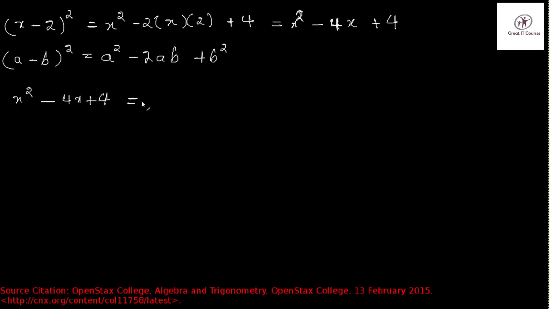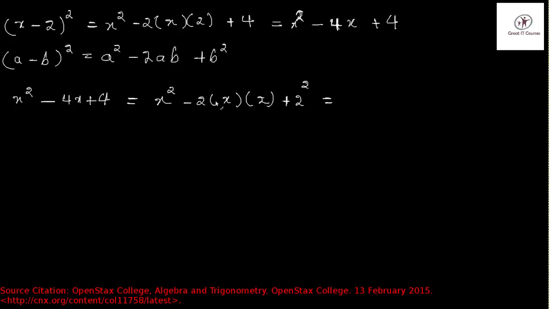So you can try to write it as x squared, and I know that my a is x now, and minus 2 into a into x into b must be 2, because here I have 4 and this is b squared, and b squared must be 2 squared, so b must be 2. So now you need to check x squared minus 2 into x into 2 is minus 4x, and this is 4, so that is basically the same thing.